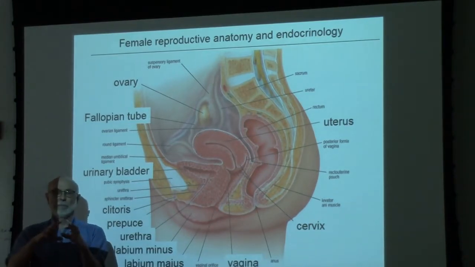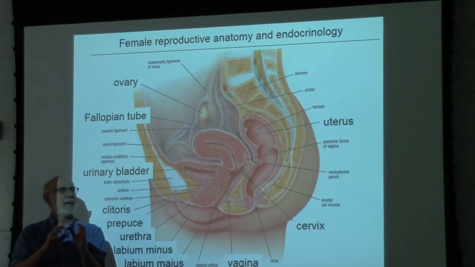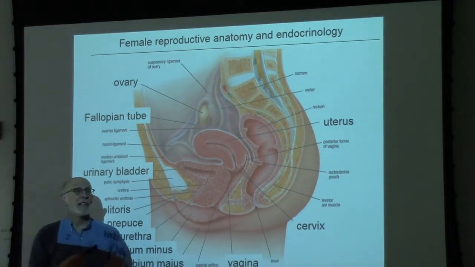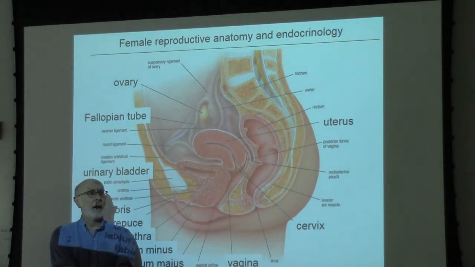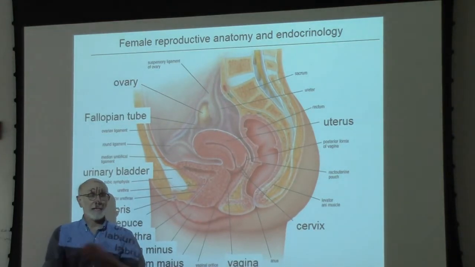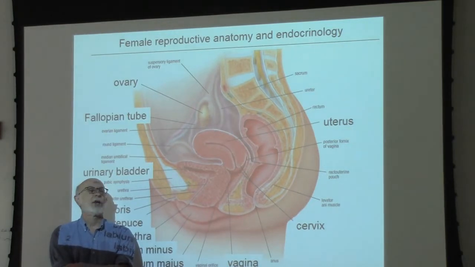It's about that big, with my fingertips being the exposed part of the clitoris, and the rest of my fingers being the embedded parts of the clitoris. And it actually has a corpus cavernosum, just like the male genitalia. It engorges with blood during sexual activity, but there's not the same level of erection.